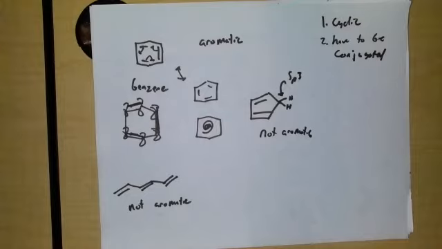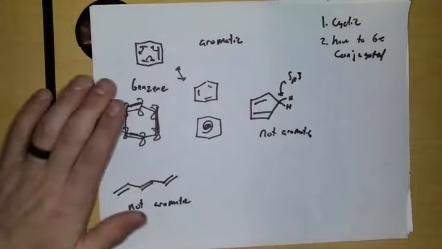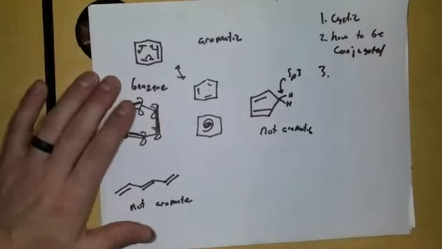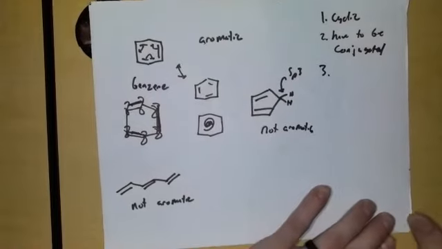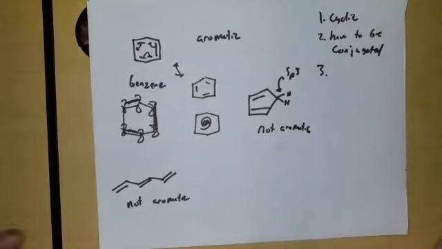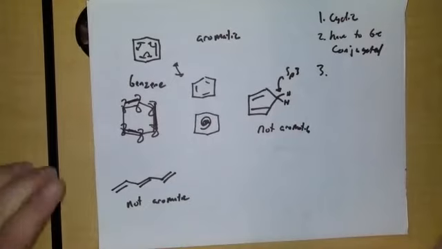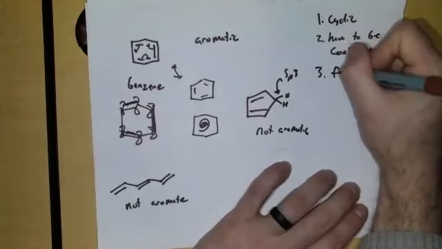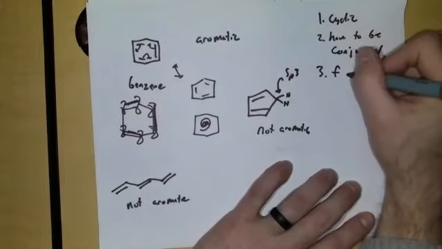The last thing that's important is what's going to differentiate between aromatic and anti-aromatic. I'm not going to talk too much about what an anti-aromatic compound is. It's essentially the opposite. An aromatic compound is extremely stable, and an anti-aromatic is extremely unstable. But I'm going to give you a rule as to how we determine if it's one or the other.